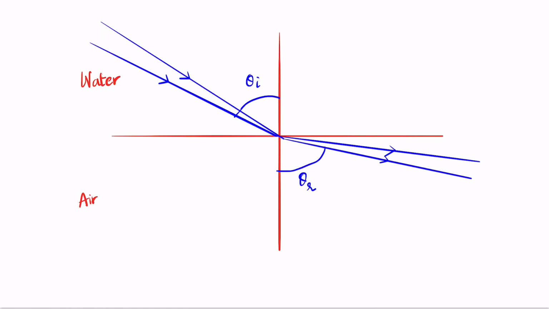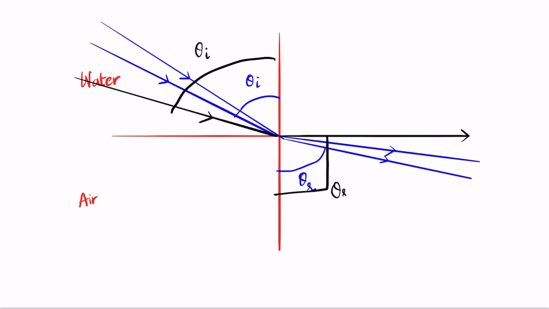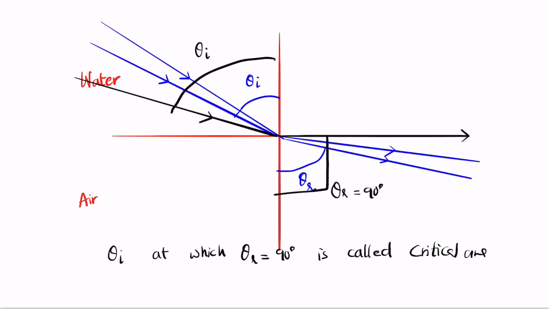At a certain angle, when you hit the ray, it generally grazes along the surface. So the angle theta I at which theta r is 90 degrees is called the critical angle.